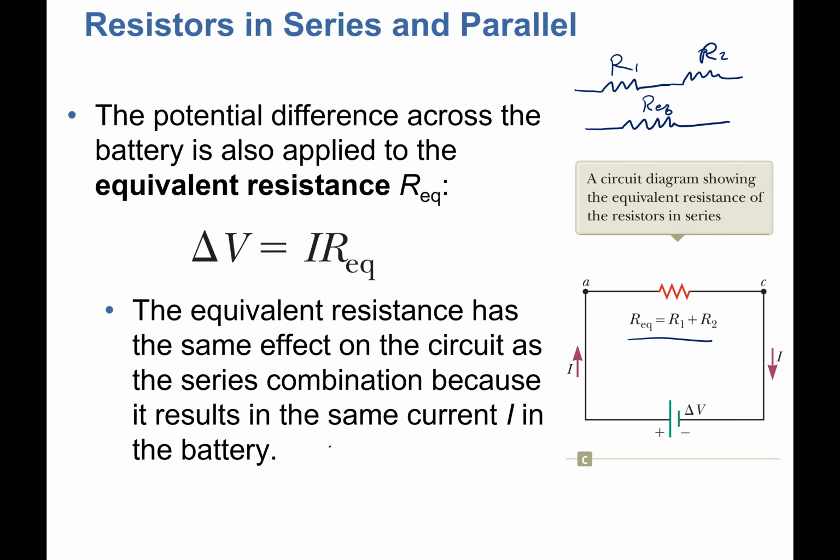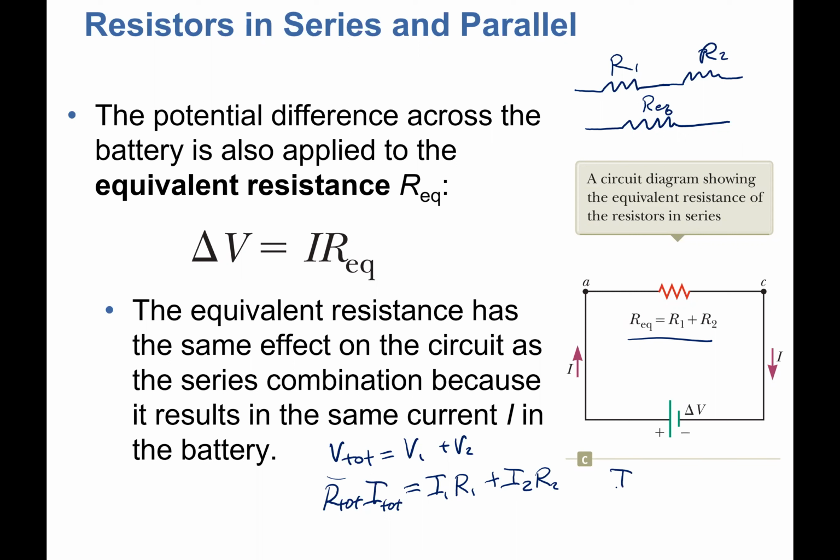Let's say V total equals V1 plus V2. V total is R total, which is R equivalent, times the total current. This equals V1, which is I1 times R1, plus V2, which is I2 times R2.